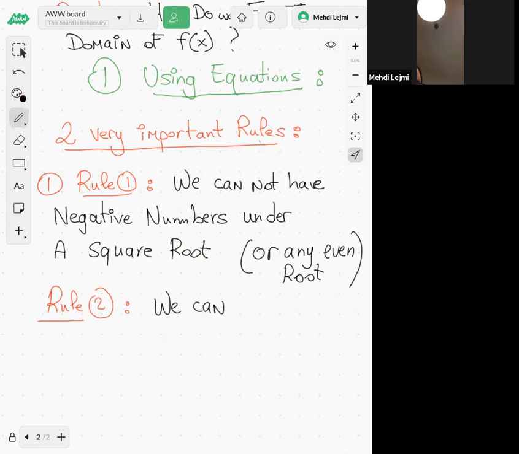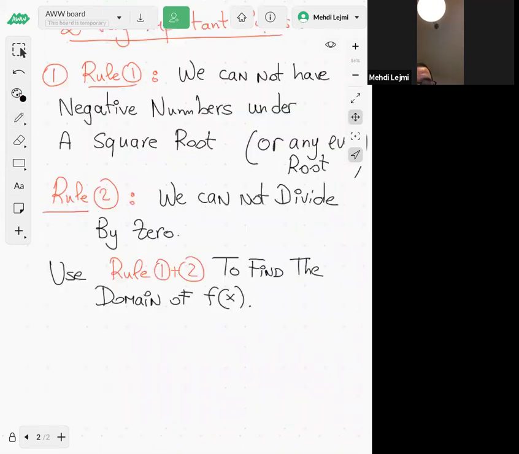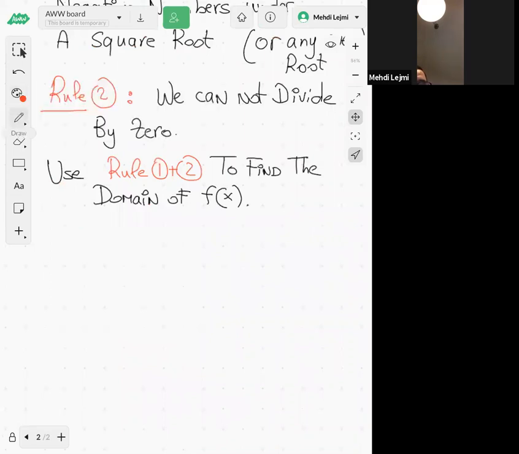We're going to use these two rules, rule number one and two, to find the domain of a function f. To find the domain of f of x. All right, so first example. Example one.